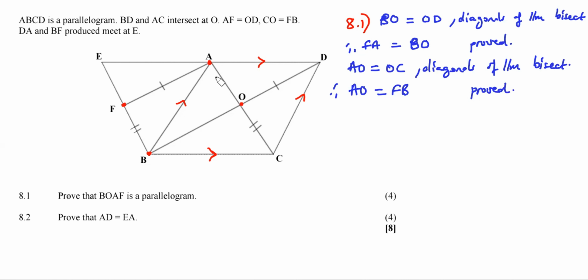Now, when we have that, what are we going to be saying? That is what we are now seeing. So if these two are equal, then we are now saying BOAF is a parallelogram.